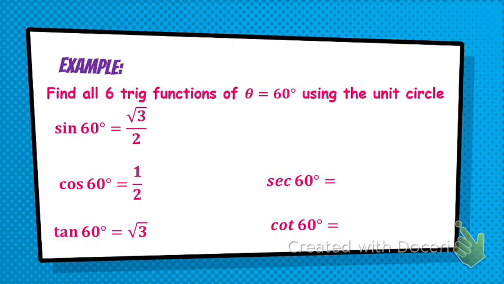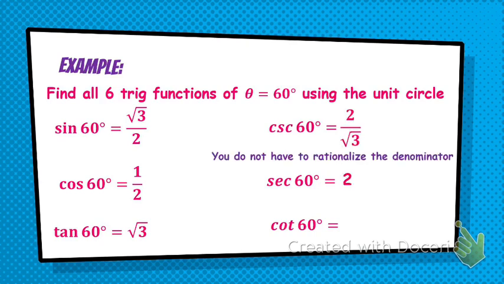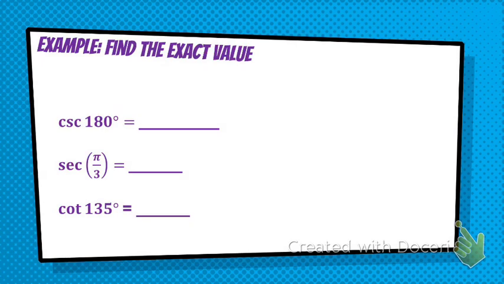If I have the sine of 60 degrees, and I know that's square root of 3 over 2, then the cosecant should be 2 over square root of 3. Cosine of 60 is 1/2, so secant should just be 2 over 1, which is 2. We're not going to rationalize our denominators for these. Tangent of 60 degrees is square root of 3 over 1, so cotangent is 1 over square root of 3. And that's all there is to it.